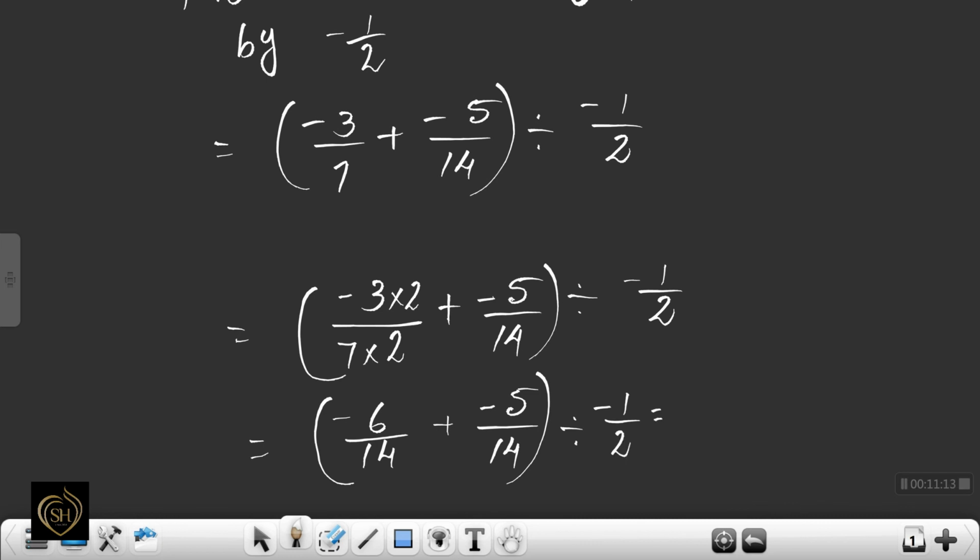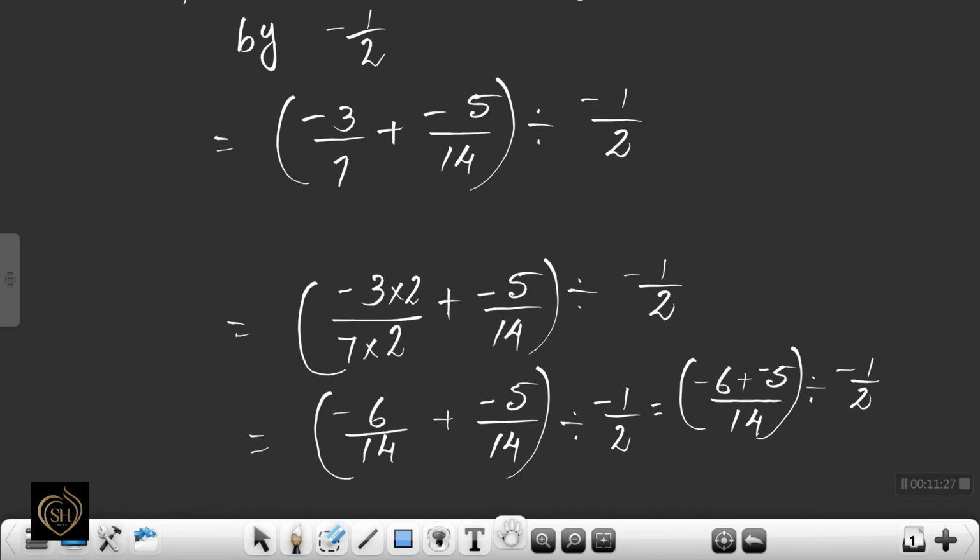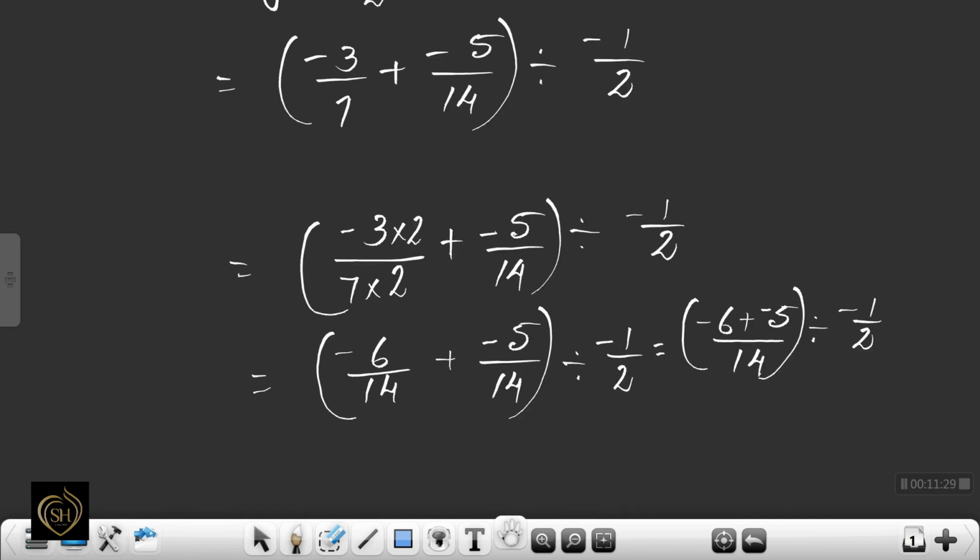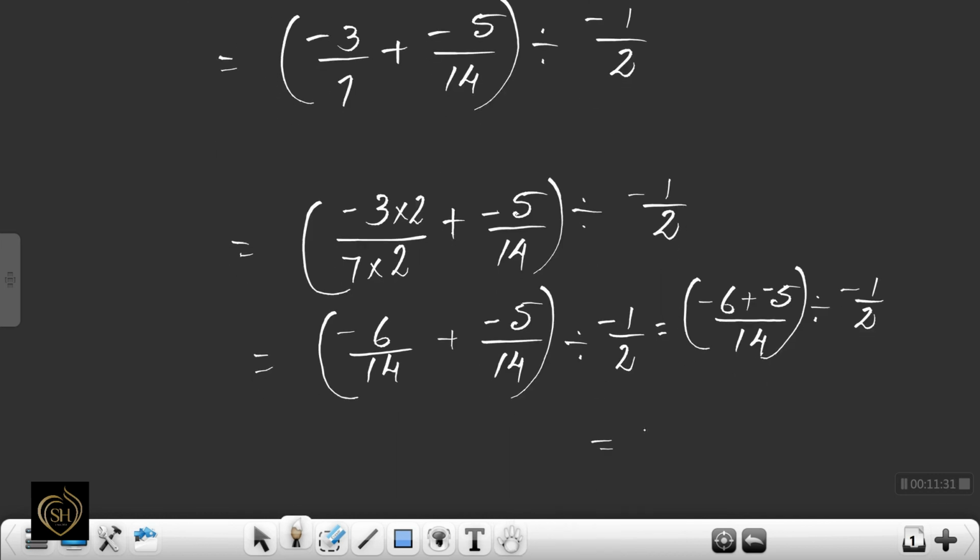That is equal to, inside the bracket, negative 6 plus negative 5 by 14, divided by negative 1 by 2. That is equal to negative 11 by 14 into 2 by negative 1.